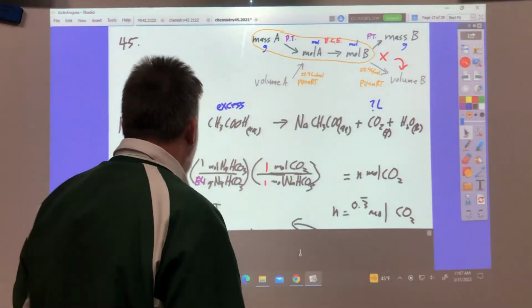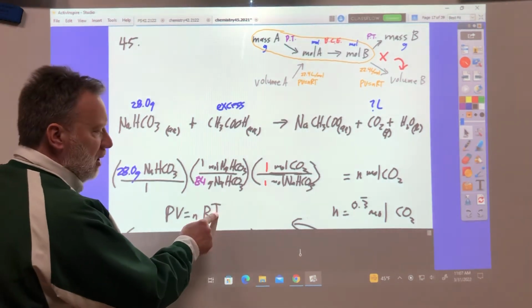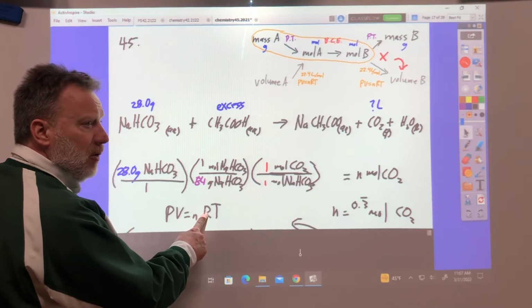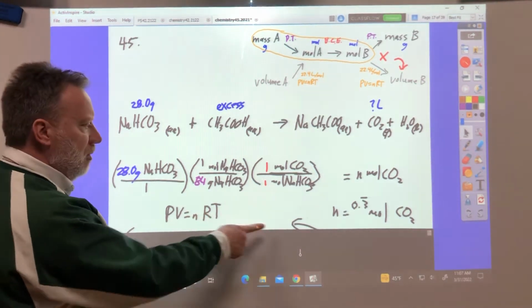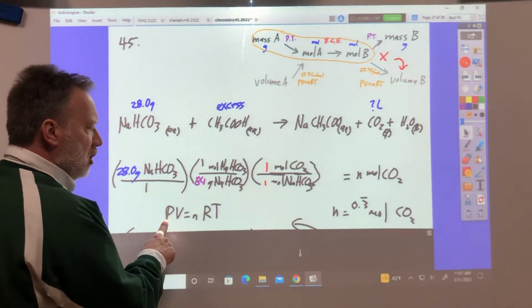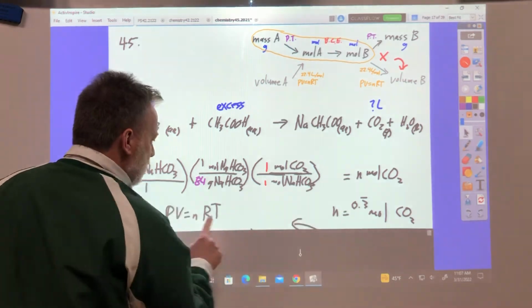Now, use it in PV equals nRT. We know this is 273 plus 20, which is about 290. We can look up the value for R. Just make sure you use the one that's atmospheres. I forget what table that's on, but you should see right here where it is. Pressure is 1 atmosphere. N we've got is a third.